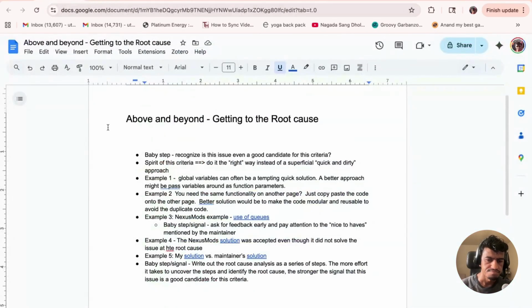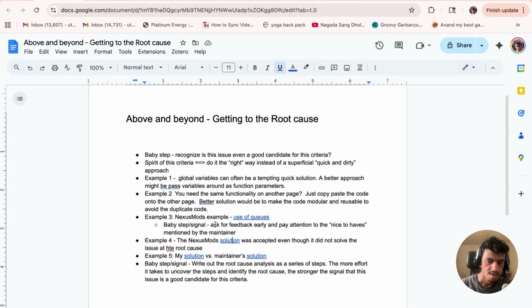So, the main takeaway here, again, don't worry if you don't understand the details of what I just said. The main takeaway is the symptoms or the signals. What could you have noticed about this issue that could have told you that it is a good candidate for this above and beyond criteria? There are two signals you could have noticed.